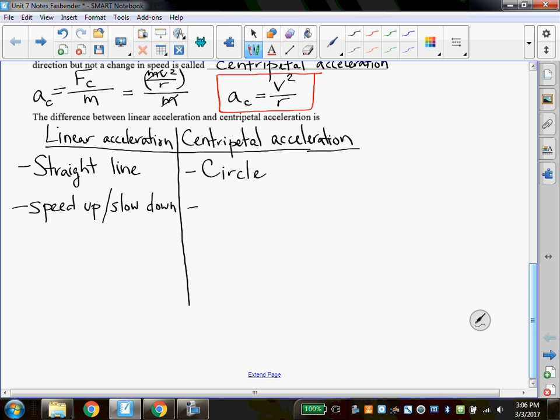But in centripetal acceleration, our speed stays the same. When we are dealing with linear acceleration, there is no direction change. And centripetal acceleration, well, it's all about direction change.